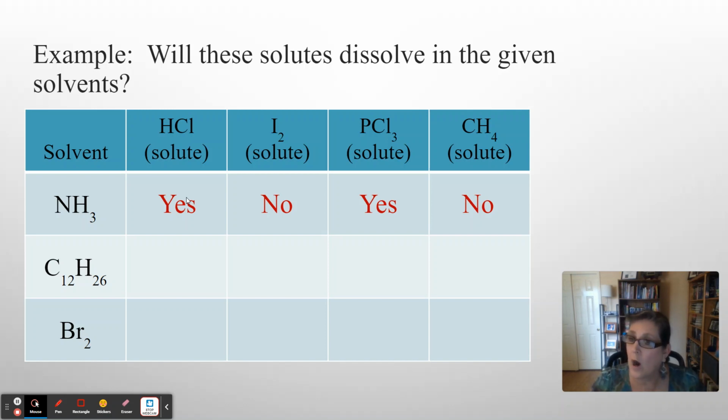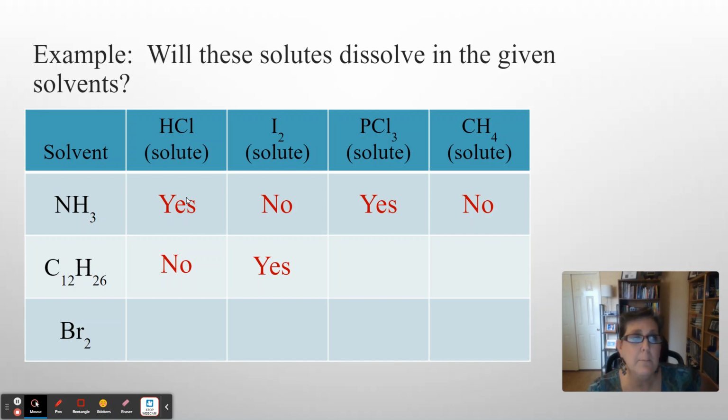All right, next row. C12H26. It's a hydrocarbon. It's a CH compound. What did we say about all CH compounds? They are non-polar. So would HCl mix with it? No, because HCl is polar, so those won't mix. Will iodine mix with it? Yes, because both of those are non-polar.